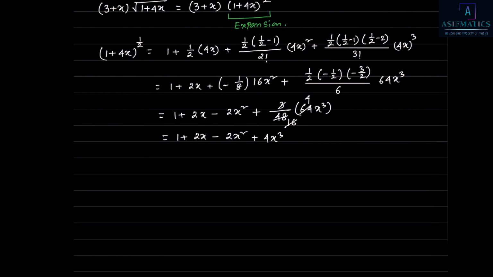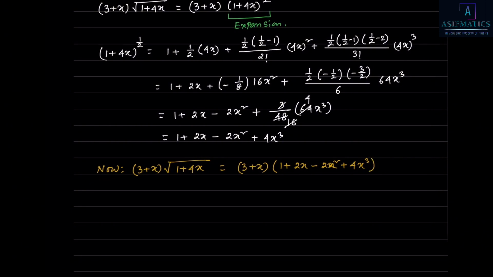Okay, now finally we can write 3 plus x root over 1 plus 4x equals 3 plus x into 1 plus 2x minus 2x squared plus 4x cube.